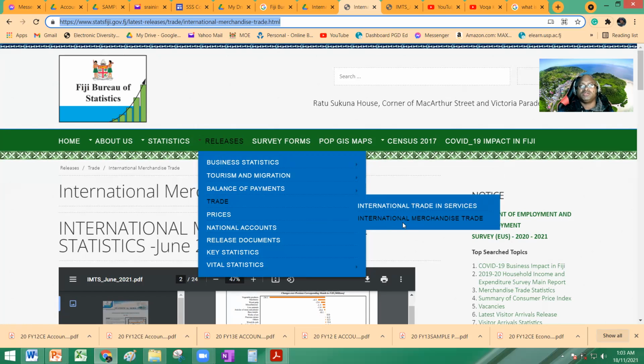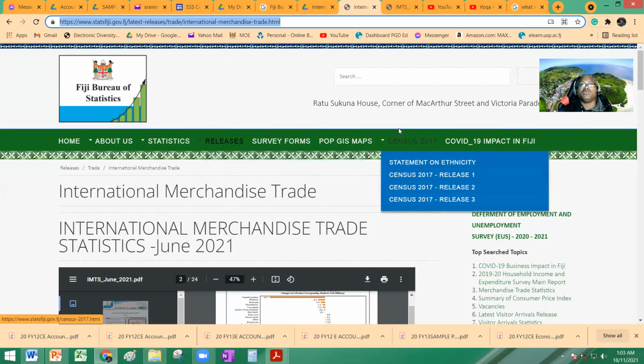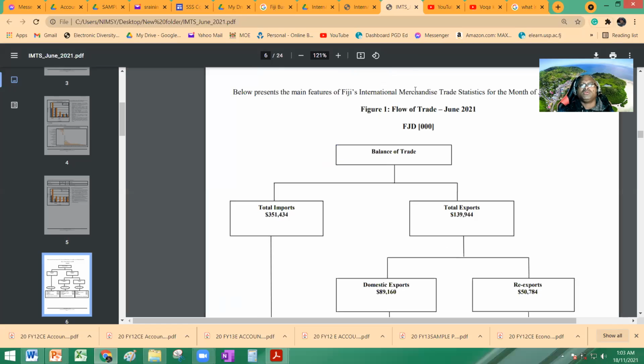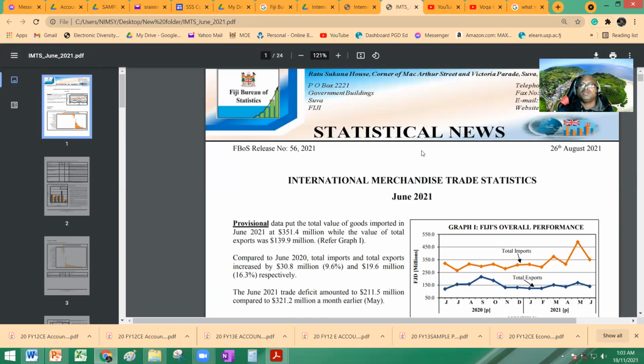Merchandise is goods. The other one is services. So if you go to merchandise, you'll have this particular website open. It's a PDF. International Merchandise Trade Statistics. This is June 2021 this year.